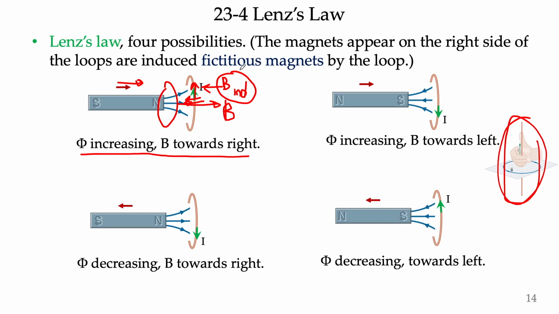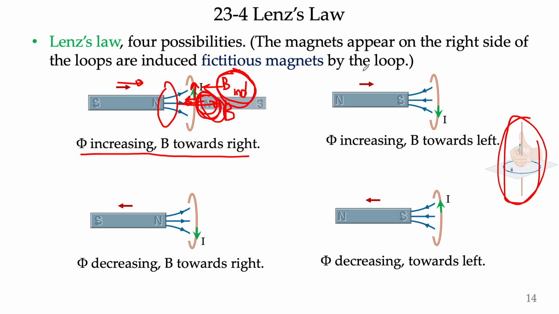So the induced magnetic field lines are to the left, created by this current. In terms of a fictitious bar magnet, to create magnetic field lines to the left you would have a bar magnet like this whose north pole is on the left.